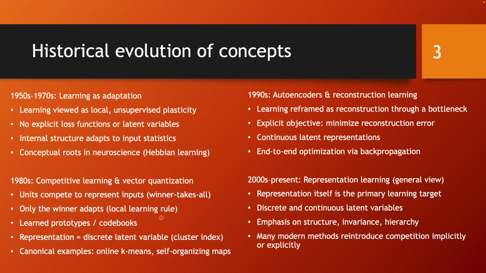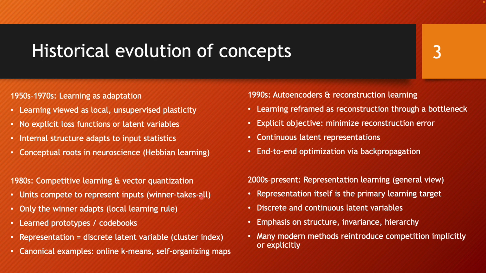And so we have a sort of a local learning rule. And what this leads to is that we have a representation through these discrete latent variables representing whether a neuron gets activated or not.